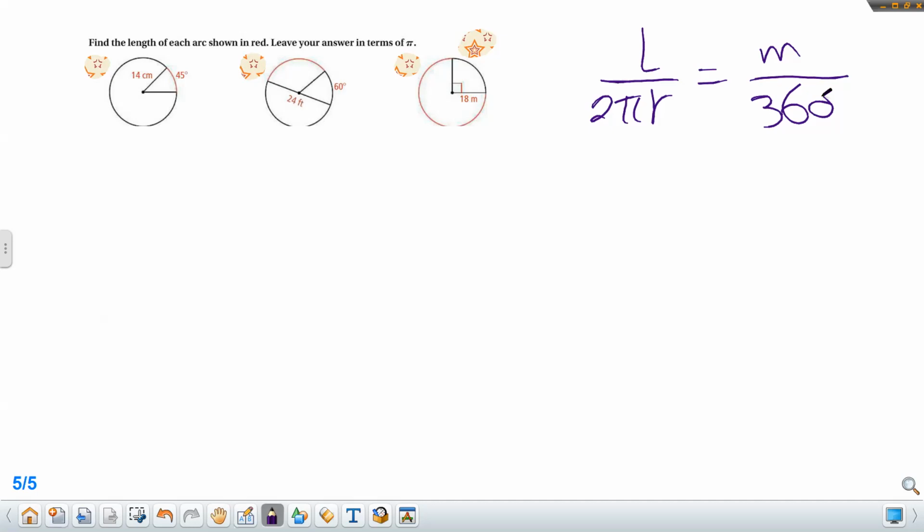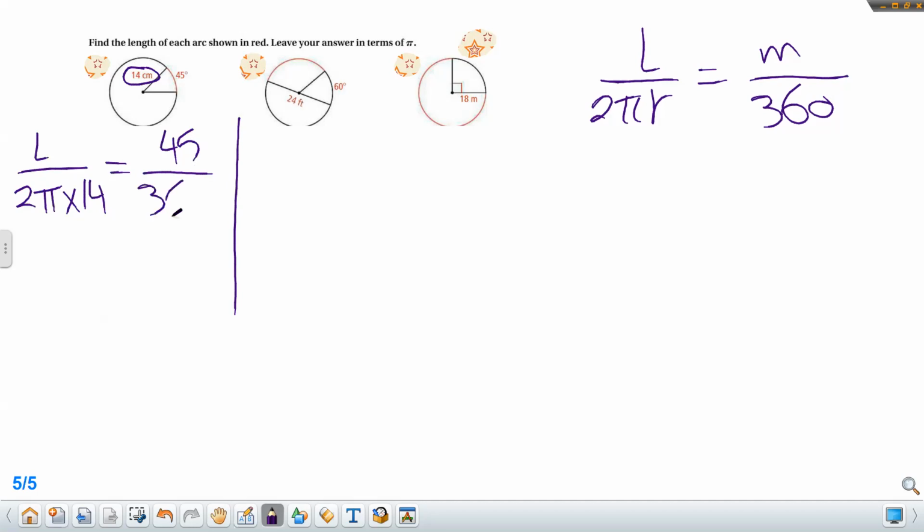Number one, the red arc here is of measure 45. How to find the length of it? First, substitute by this rule. Length, I don't know it, over 2 pi times radius. Radius here is 14, equals measure, which is 45 over 360.